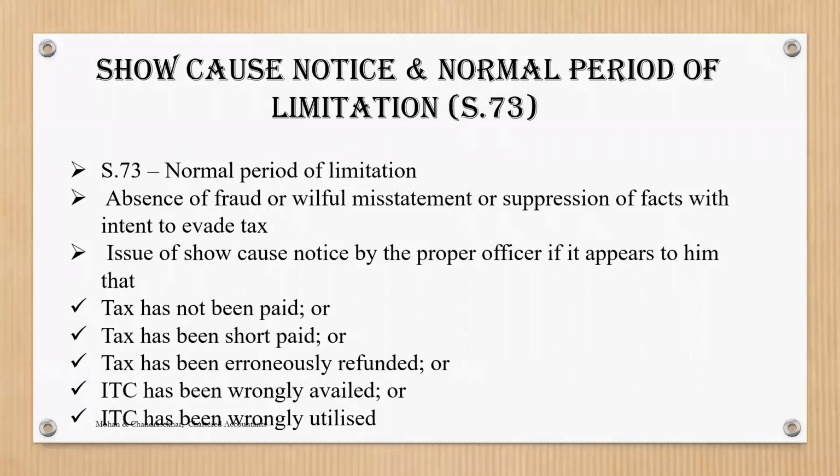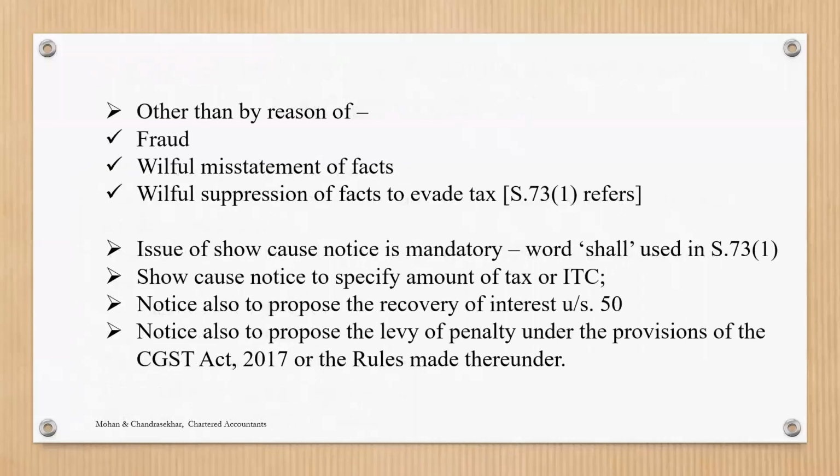This is all unintentional, not intentionally done. So tax has not been paid or short paid, a refund has been erroneously claimed, or ITC has been wrongly claimed or utilized, other than by reason of fraud, willful misstatement or willful suppression of facts.